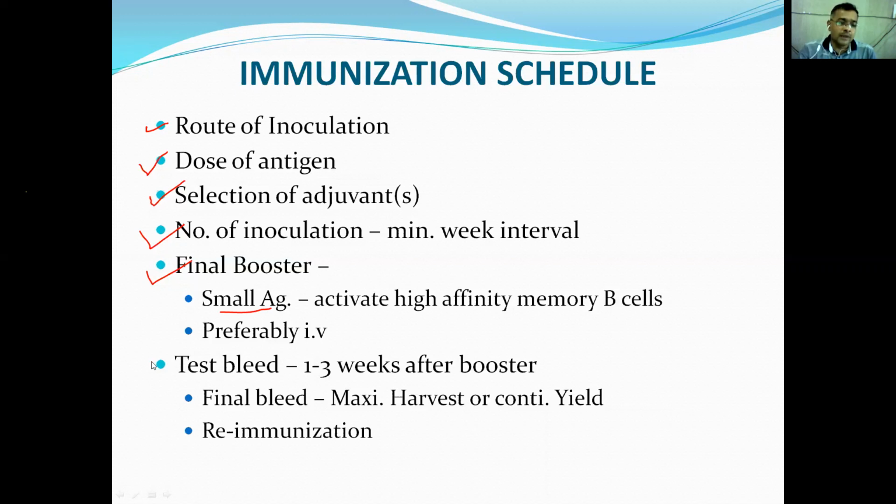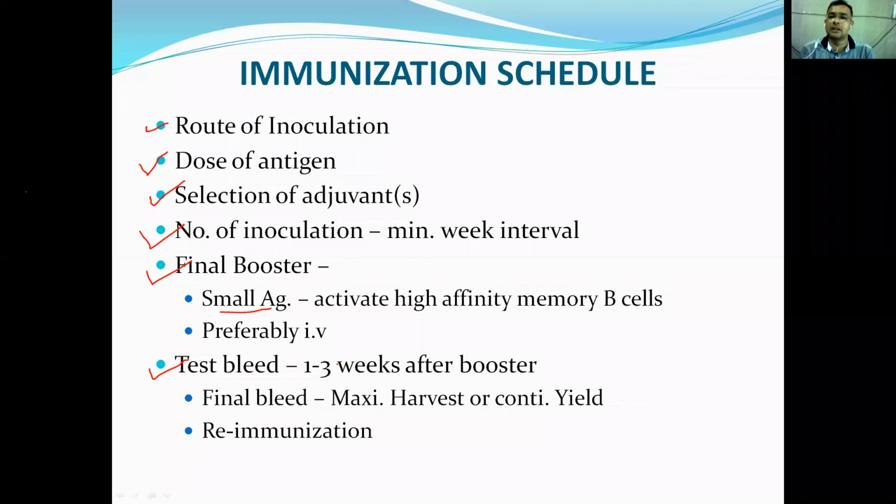Then after the final booster, the next step is the test bleed. A test bleed should be performed a minimum of 1 week after the final booster dose, and you can wait a maximum of 3 weeks. In the test bleed, you take a small amount of blood from your animal, and you can demonstrate the amount of antibody raised against your target antigen.